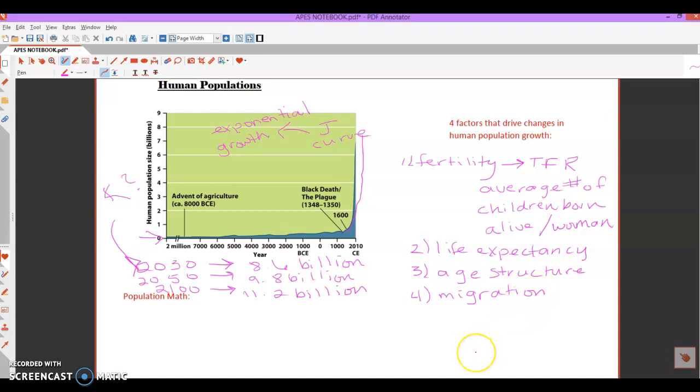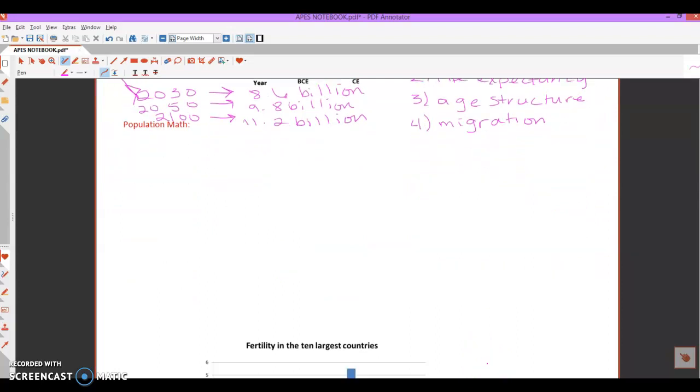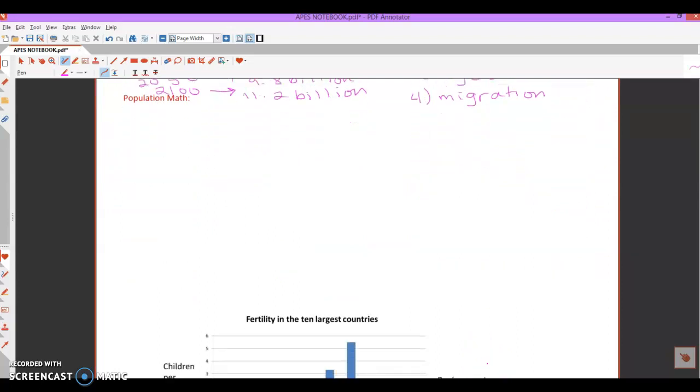All right, so let's get into the fun stuff now. All right, so here's our population math. Now, there are formulas that you guys are going to have to remember. The AP test is not going to give you a formula chart.